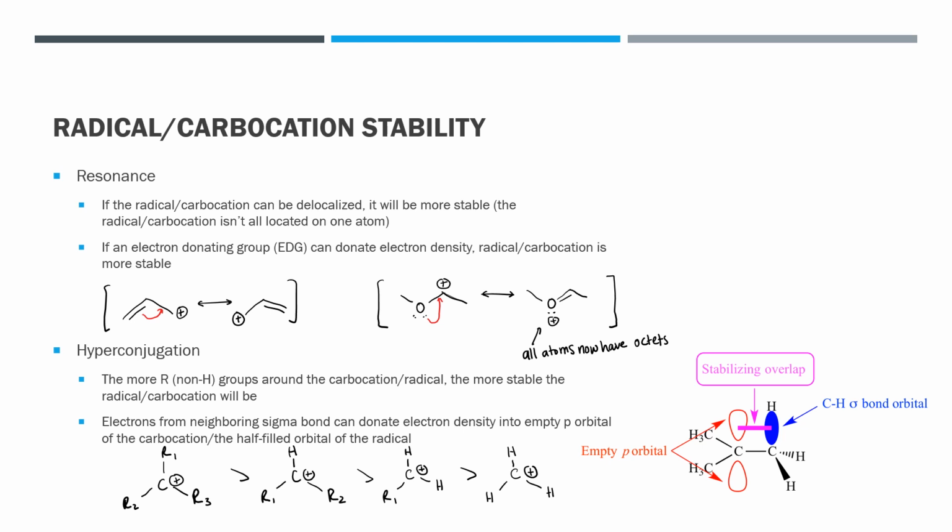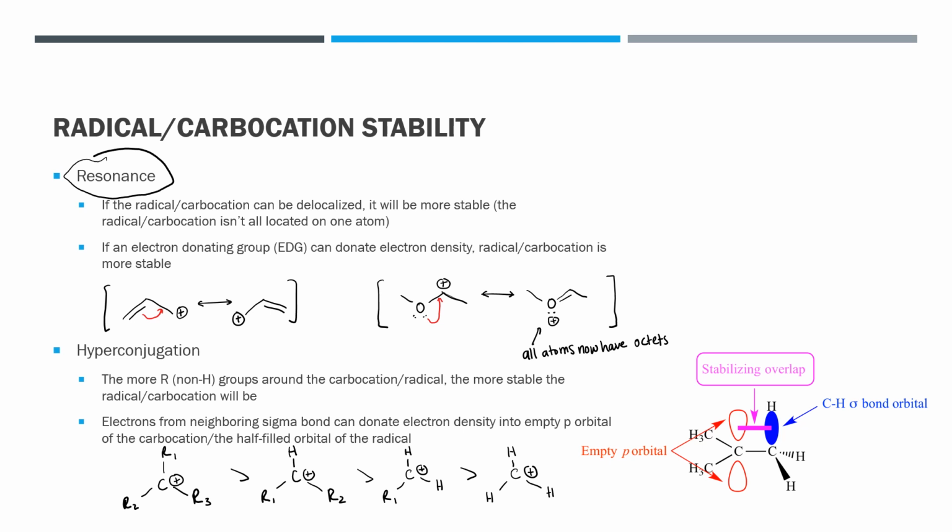So now let's discuss radical and carbocation stability. I've been mentioning stability previously. Now let's actually think about what is going to cause this to be stable. So first and foremost, the biggest thing is resonance. I've mentioned it as the first bullet point, which means it's the most important, right?